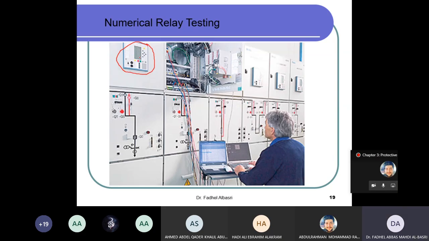Many functions are there that you want to test, and with that one it's automatic. It carries out the tests one after another and gives you a report and the readings. With the older technology, electromechanical and static, it takes a very long time to test those types of relays.